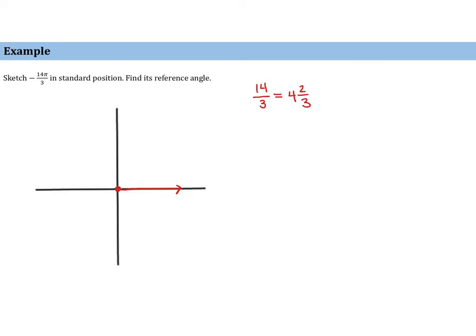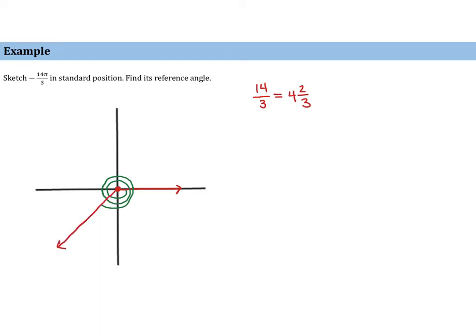Now because we are measuring clockwise, this is 1 pi clockwise, 2 pi clockwise, 3 pi, 4 pi. Now we need to go another 2/3 of a pi. This would be half a pi. So 2/3 of a pi isn't quite a full pi. So we land in the third quadrant.